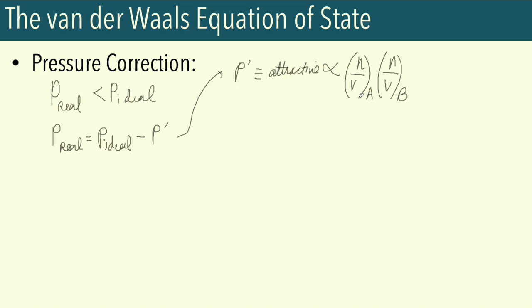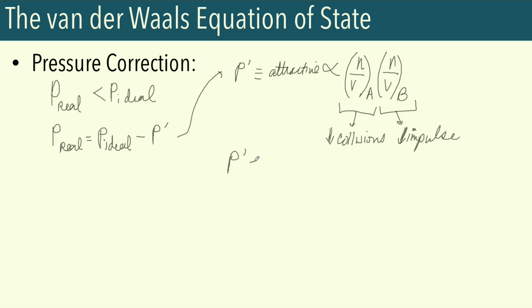This is going to be due to the reduced collisions, and this is going to be accounting for the reduced impulse on the sides of the container. Keep in mind, however, that we don't really need to distinguish them as A or B. These are going to be the same gas molecules.